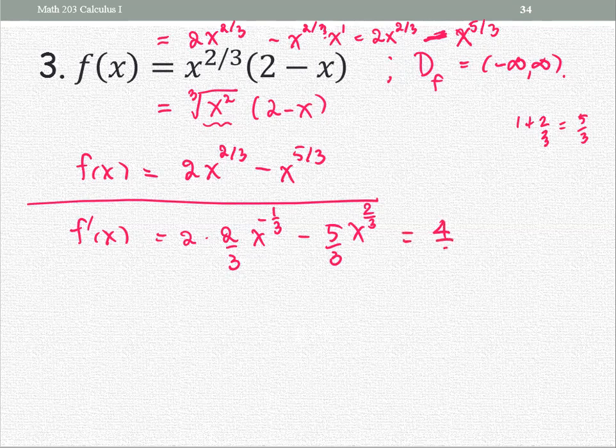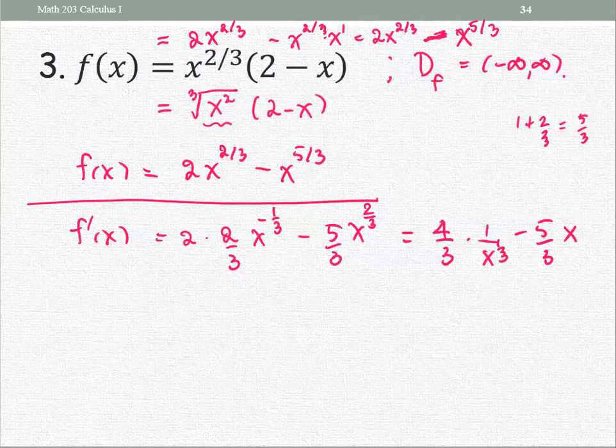And this becomes 4 over 3 times 1 over the cube root of x, since a negative power is the reciprocal of the positive power, minus 5 over 3 x to the 2/3. I should keep the power 1/3 here as we simplify it later.